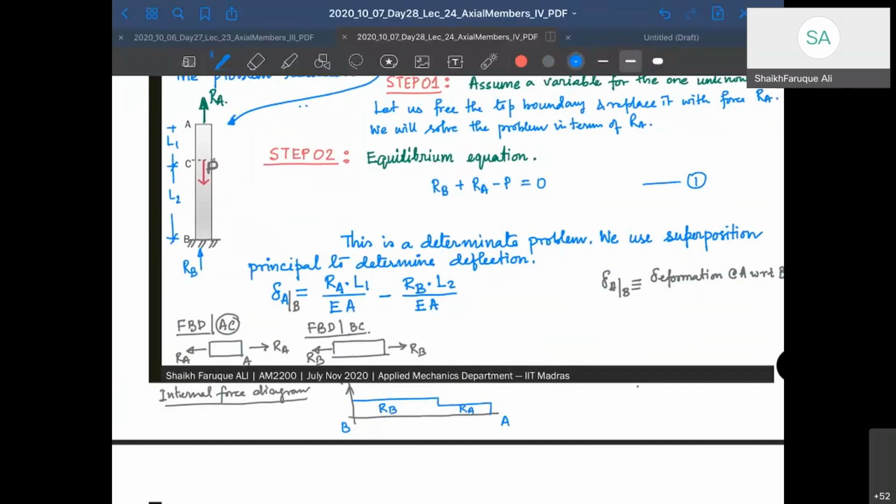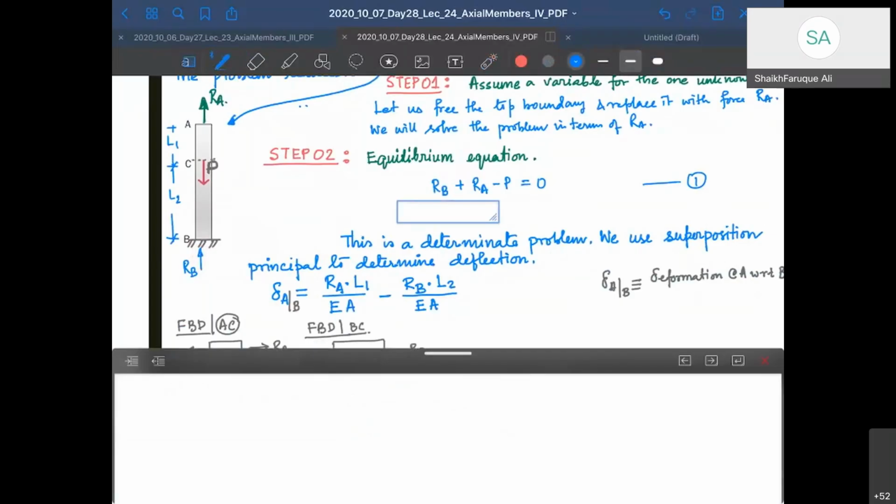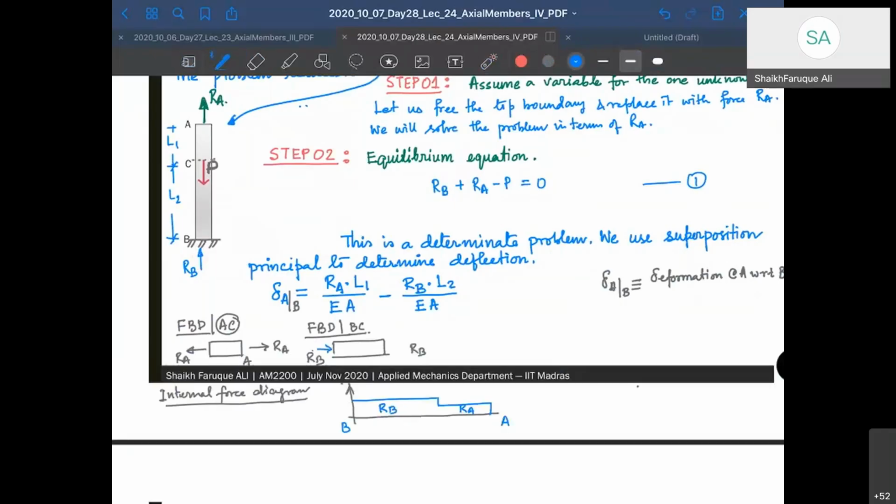And then one thing to note is that P force is acting towards the bottom side, so RB is going to be negative. It's going to be compressive, right? Because it's pushing the material on this side. So my diagram here is not correct. It has to be in the opposite direction. Okay, so here also the diagram has to be changed.